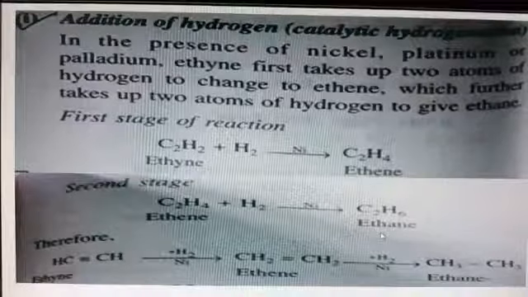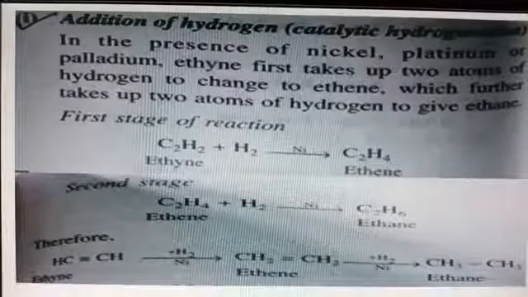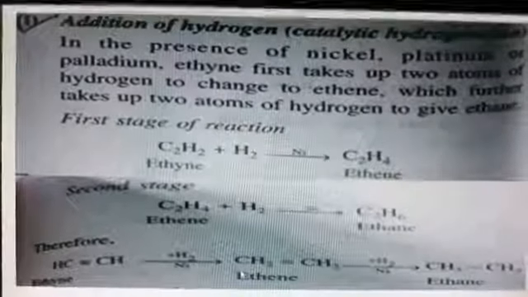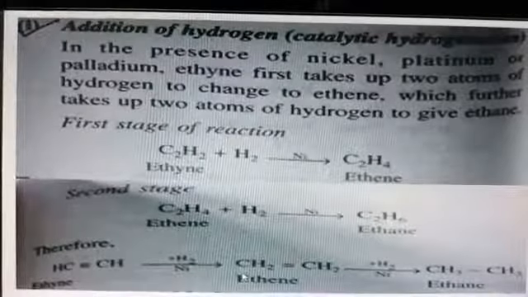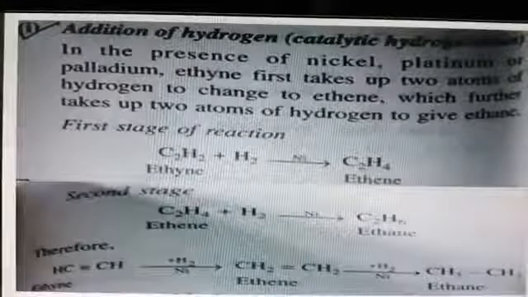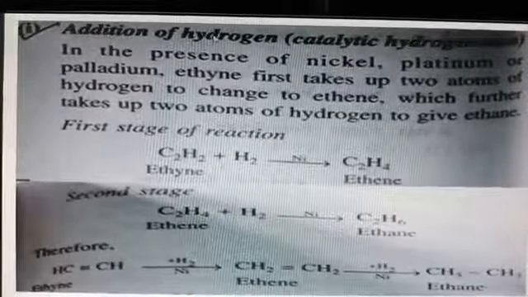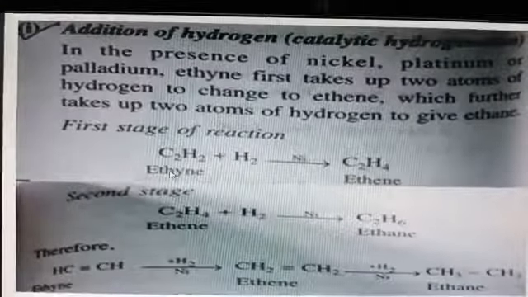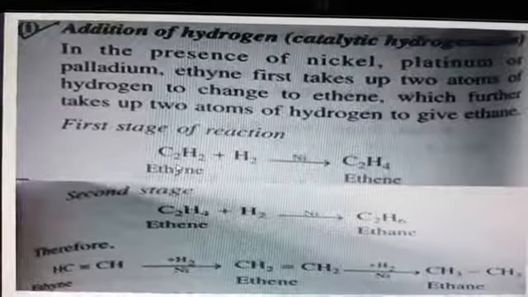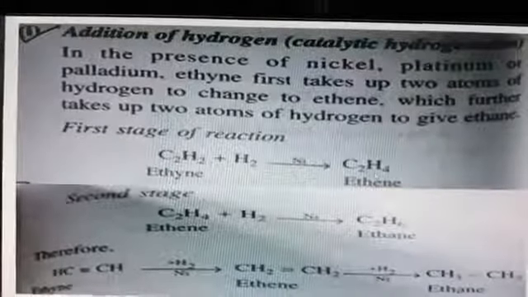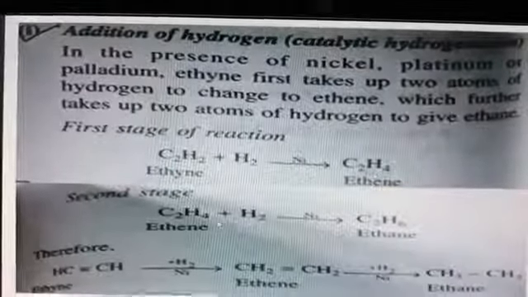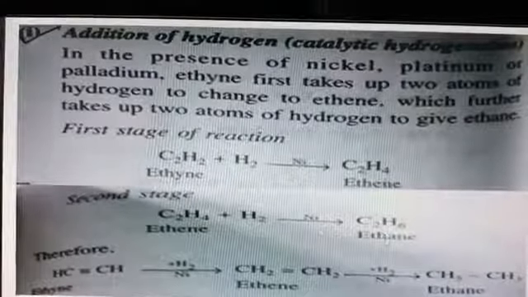As a result, it gives ethane. In this way addition of hydrogen can take place in ethyne. First, with the addition of two hydrogen atoms, it becomes ethene, and ethene with the addition of two hydrogen atoms becomes ethane in the presence of nickel.